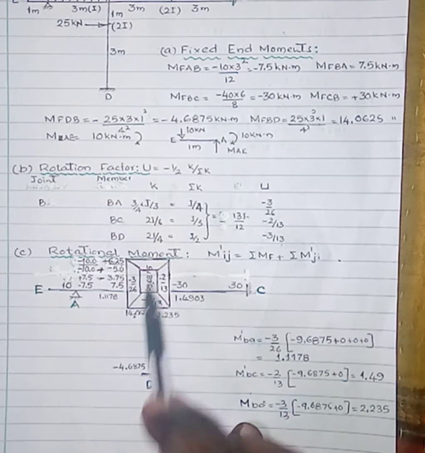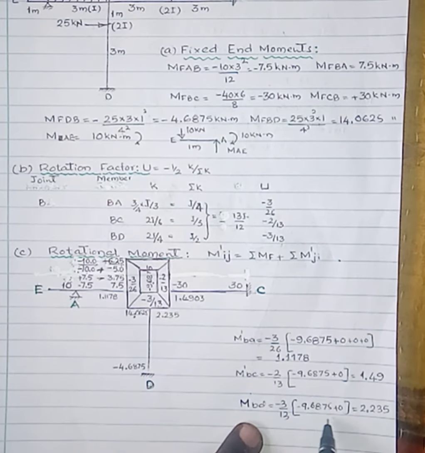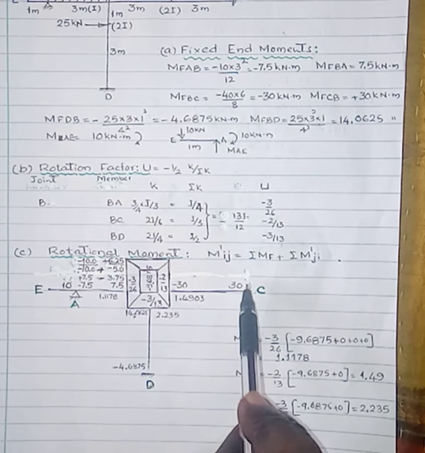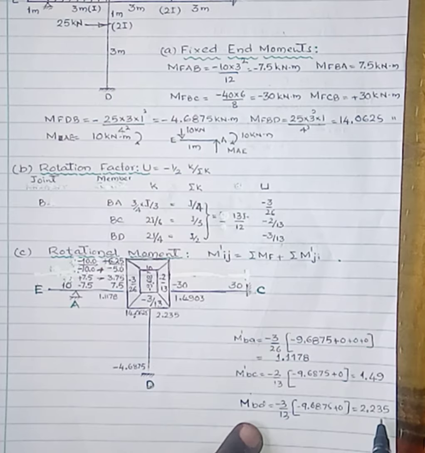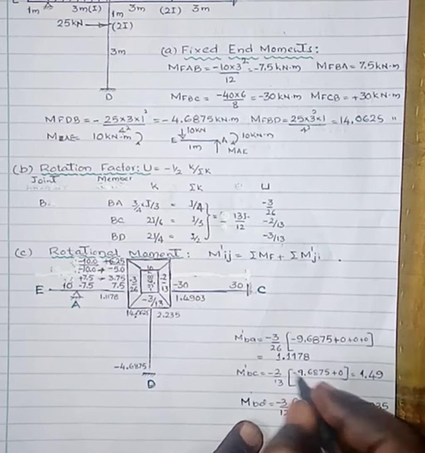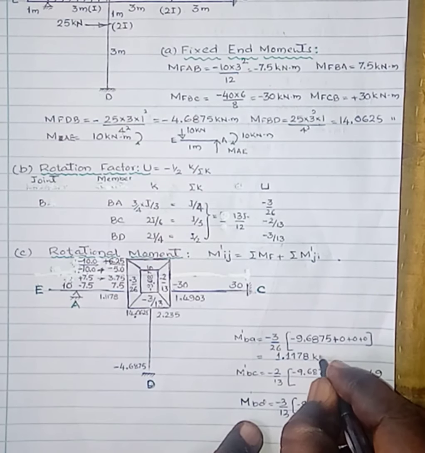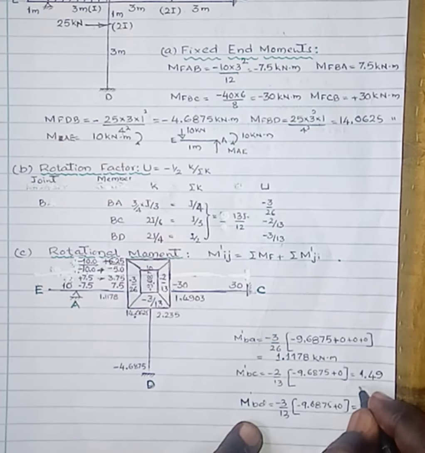Inside the bracket, the sum of the fixed end moment is minus 9.6875 plus far end contribution 0 from all the ends. Hence 2.235 kilonewton meter is the rotational moment contribution. This one is in kilonewton meter.